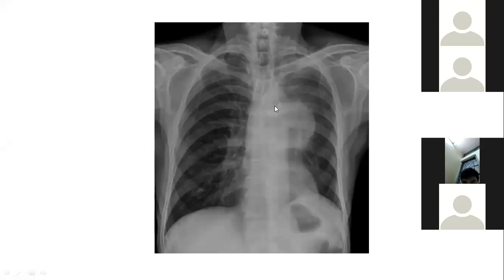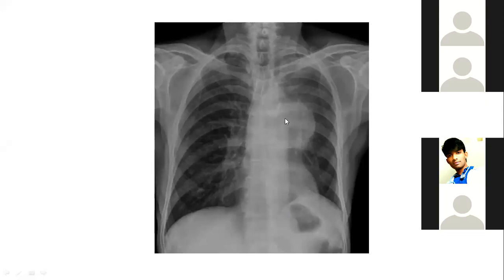And in this particular area there is a loss of this line. Usually it starts from the descending limb of the arch of the aorta and reaches up to the diaphragm. Now here we cannot make out the para-aortic line.